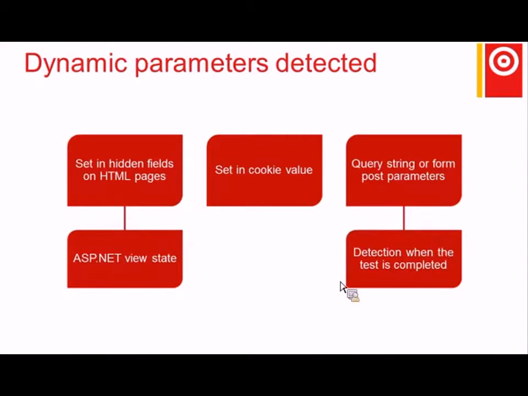The one difference is that hidden fields are also detected during the recording phase and put on the query strings at the end of the recording phase. So if there's a new hidden field, it might well be coming out here, but if it needs to go on a query string, it won't happen unless it was actually there when the test was recorded.